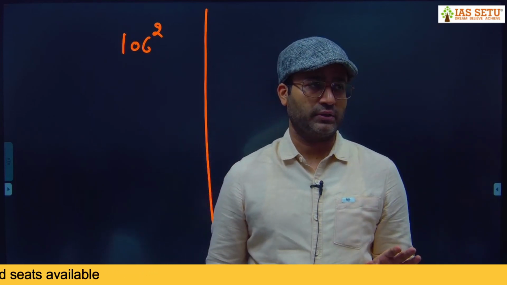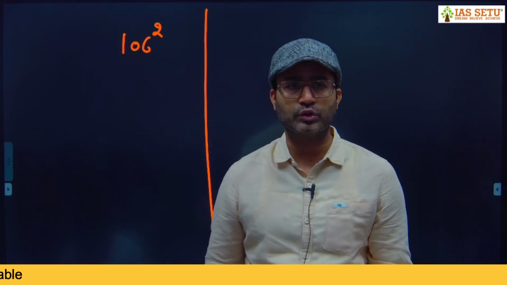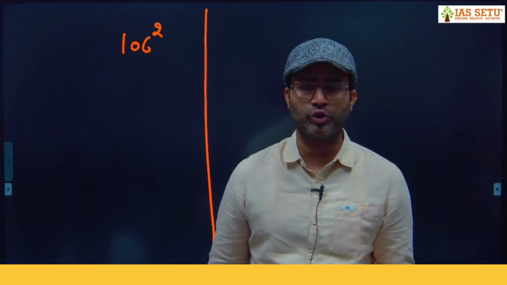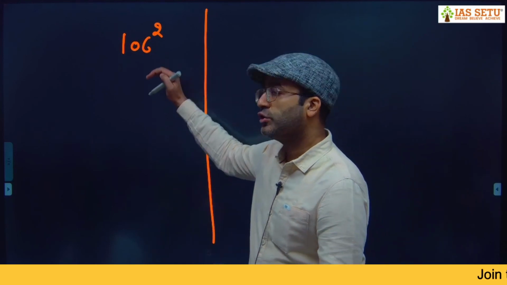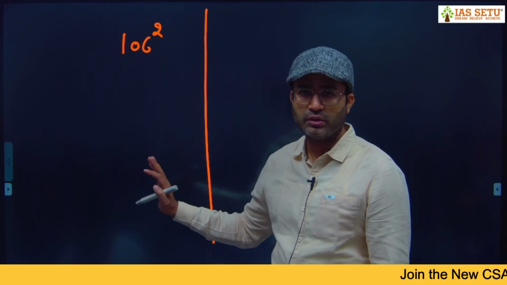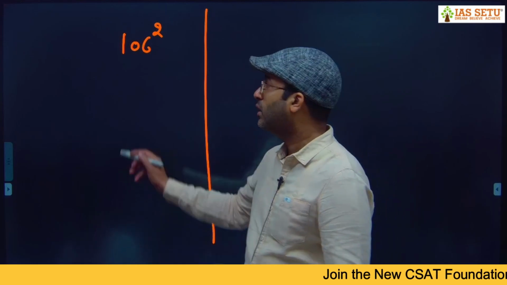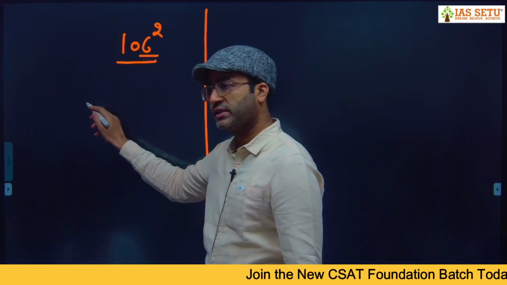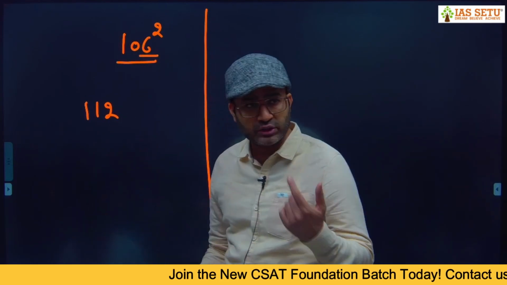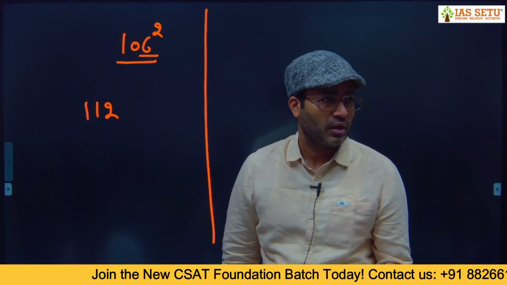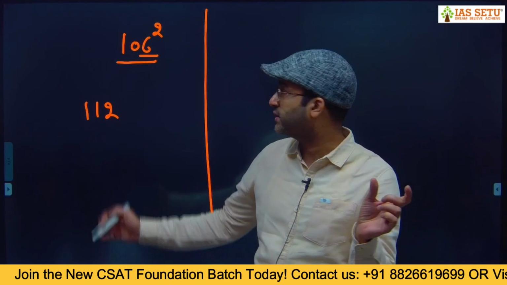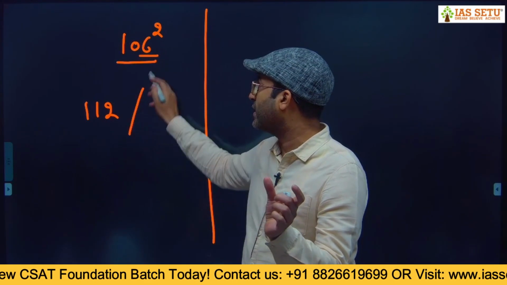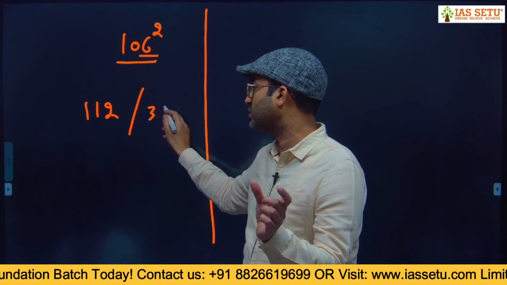Category 3 student, even category 1 or 2 can also try, but don't make mistakes. Category 3 you can try. See here, you can be fast. No need to write each and every step. You can say 106 plus 6. You can do this calculation in your mind also. Left hand side value is 106 plus this extra 6. Right hand side value will be 6 square, which is 36.